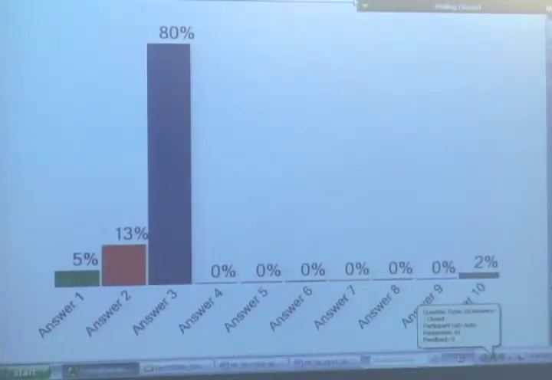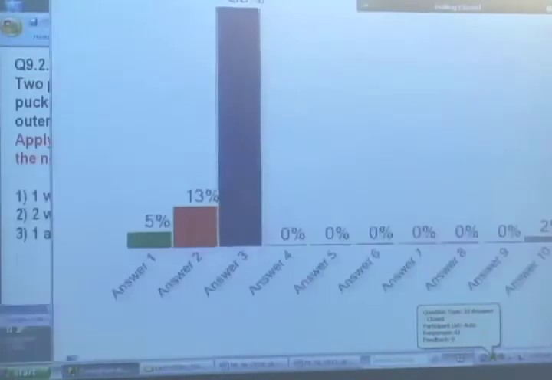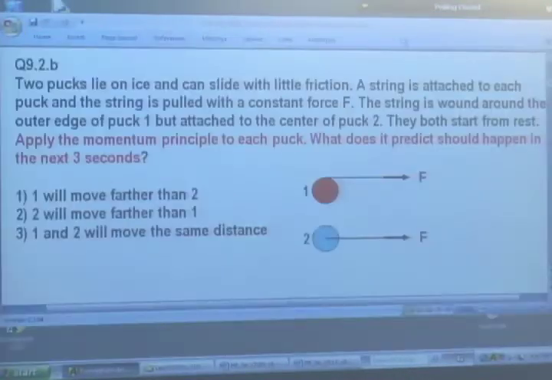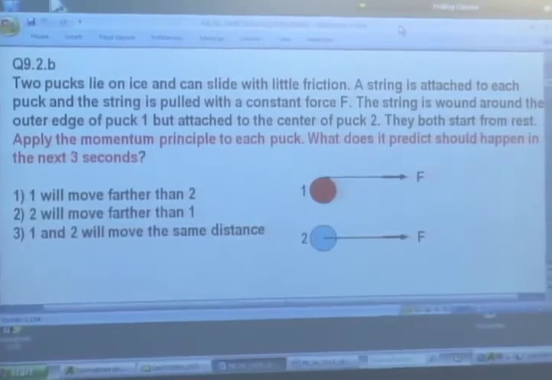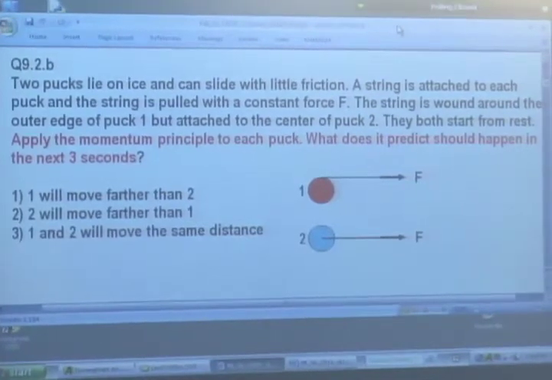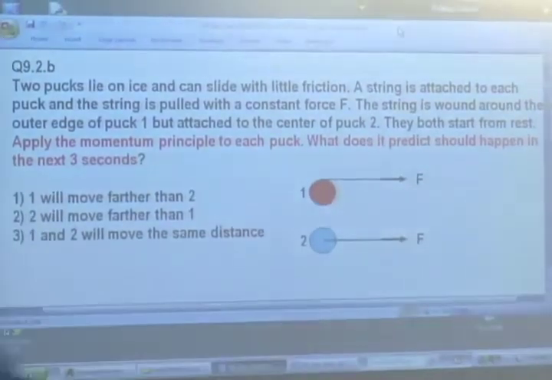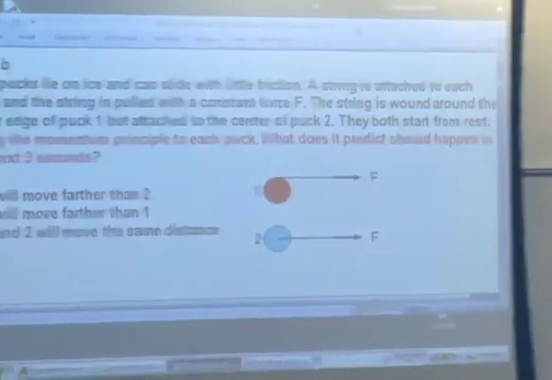So those people who are not actually asleep. There's a big vote for 3, which is they should move the same distance. There's one extra step in that, because of course the momentum principle doesn't tell you distance, it tells you momentum at the end.